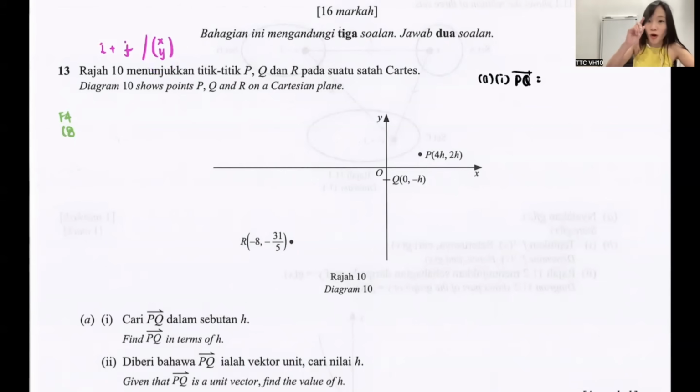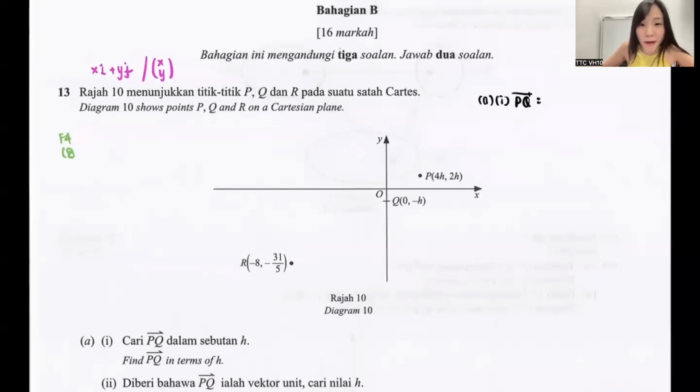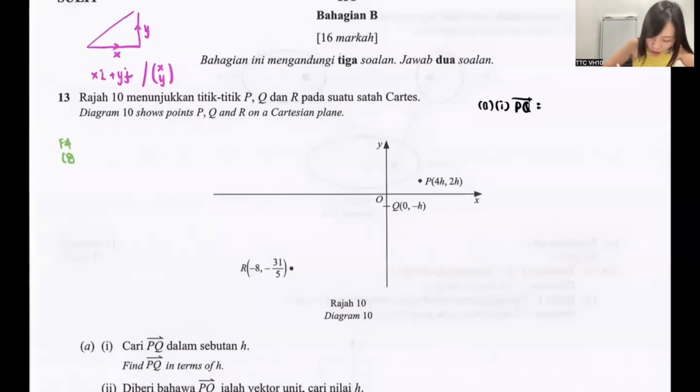For i and j, i in front always represents x. j in front always represents y. X represents the x-axis, meaning you walk horizontally. Y represents the y-axis, that means you walk vertically. So it depends on how many horizontal steps you walk, how many vertical steps you walk. Then you will reach that place.